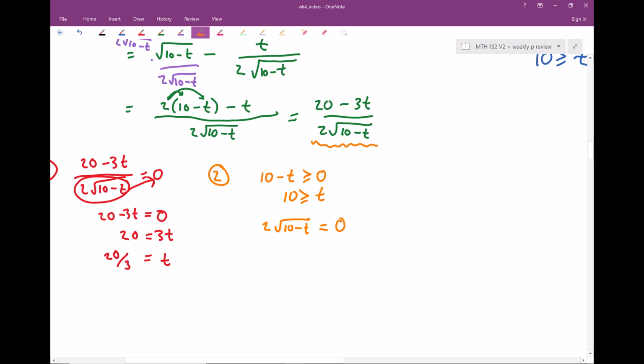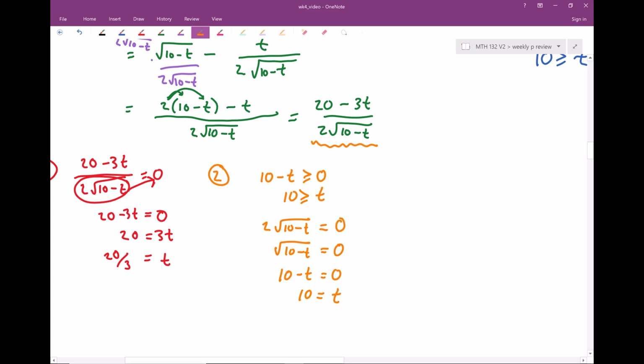I could go ahead and divide by 2. I could square both sides. And then I can move the t to the other side. So when t is equal to 10, this square root would be equal to 0, and we'd be dividing by 0. So this is a place, again, where the derivative is undefined.